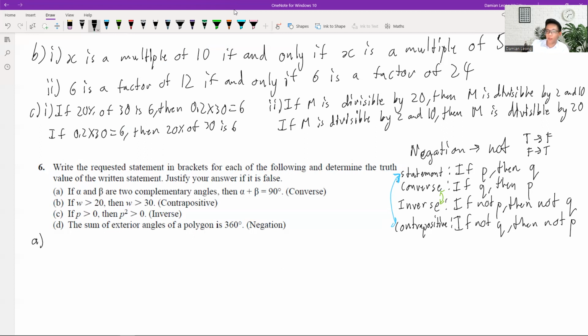So part A: if alpha and beta are two complementary angles, then alpha plus beta equals 90 degrees. Converse means switch the antecedent and consequent.